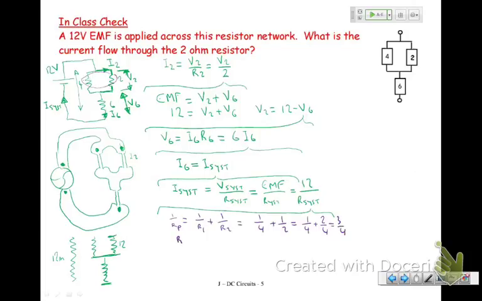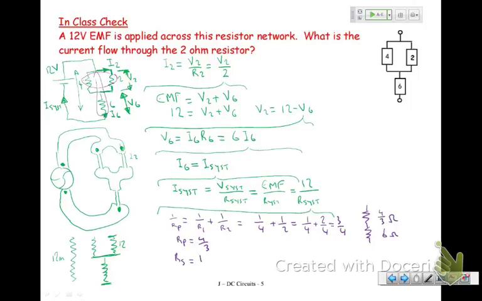So Rp is equal to 4 over 3. And then we do the series bit. Let's redraw it just so we know it. This is 4 over 3 ohms, and this here is 6 ohms.